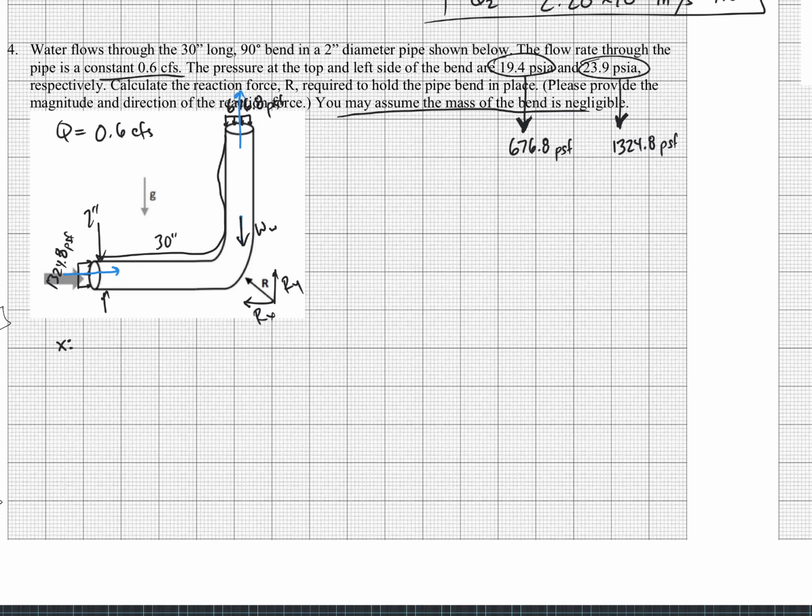At this point you should know this formula: the sum of the forces in the X direction plus rho VQ in, where that V is in the X direction, equals rho VXQ out. So the forces in the X, we've got P1A1, or Pn, I guess. Let's call this 1. Let's call this 2.